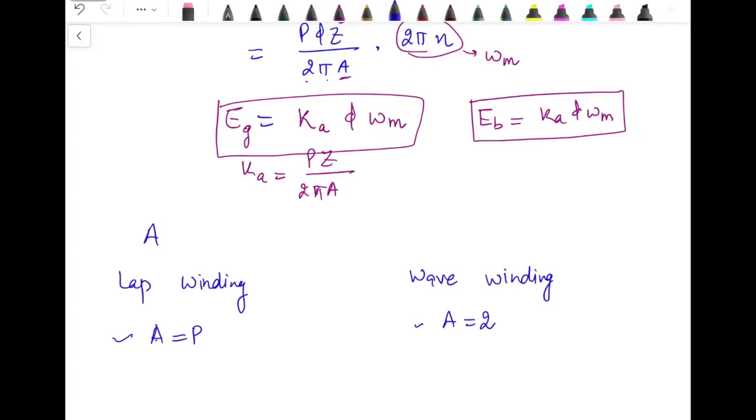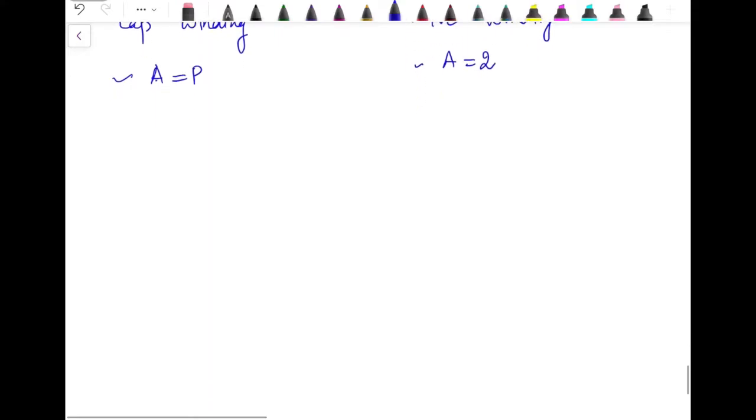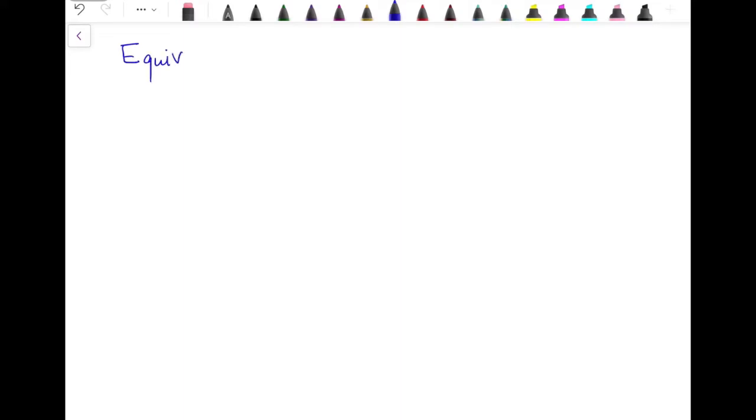Now, once we have the EMF equation, we can draw the equivalent circuit of DC machines, whether it's a motor or a generator. In the DC machine, we have an armature winding and a field winding.